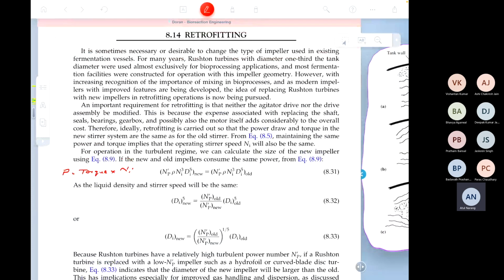So retrofitting, the word is typically used to describe going back and making changes to a pre-existing system. Somebody from this department told me that he was heavily involved in this kind of stuff back in the 80s.